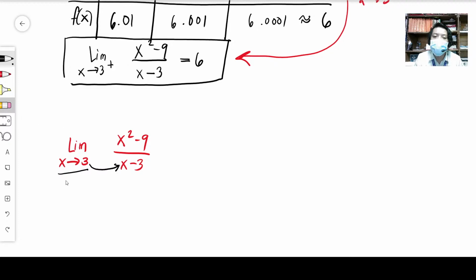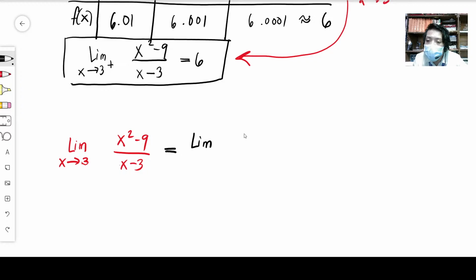So what is the workaround so that we do not get undefined and can really get the limit, so that we no longer need to construct a table of values? Since we already know factoring, it is easier. So this limit, the limit of x squared minus 9 over x minus 3 as x approaches 3, is equal to the limit of, we factor x squared minus 9.